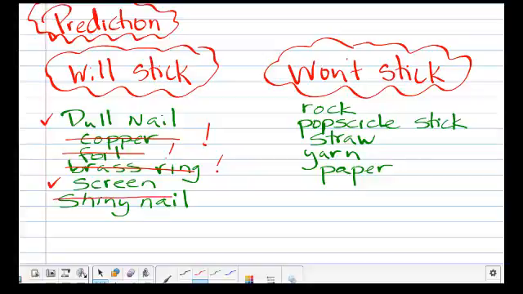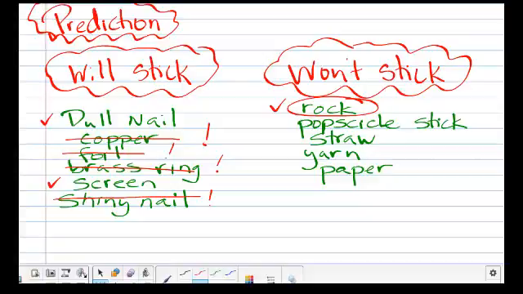No, that one did not work. And then I come back to the items that won't work. The rock, there were 2 types of rocks. There were some black ones and some lighter ones. Did the black one work? Yes, the black one actually worked. How about the popsicle stick? No, that didn't stick, and I expected that. How about the straw? No. How about the yarn? How about the paper?